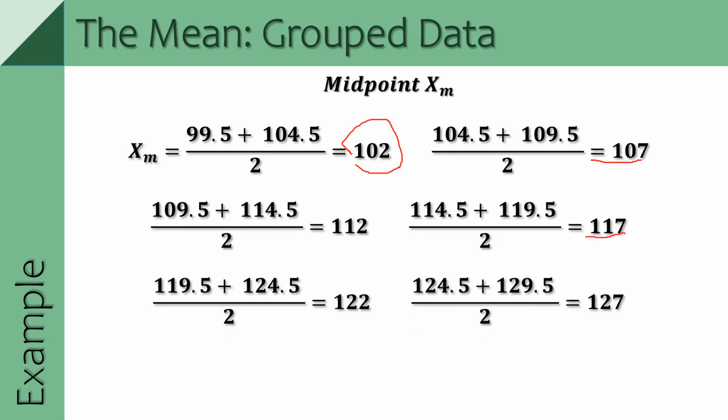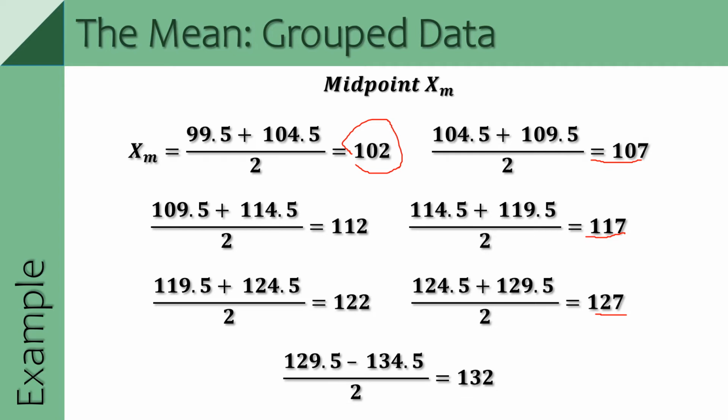Next, 119.5 plus 124.5 all over 2 is 122. 124.5 plus 129.5 all over 2 is 127.